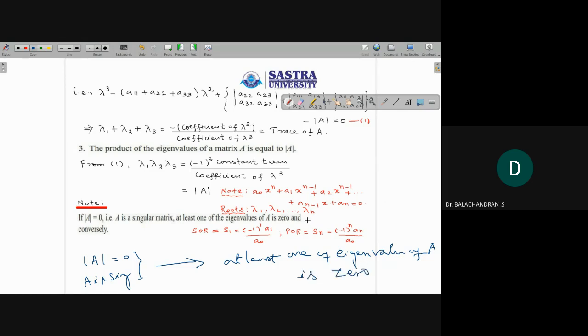And conversely, at least one eigenvalue being 0 implies the determinant of A equals 0, or A is singular. That is the note here, and then we will move to the next property.